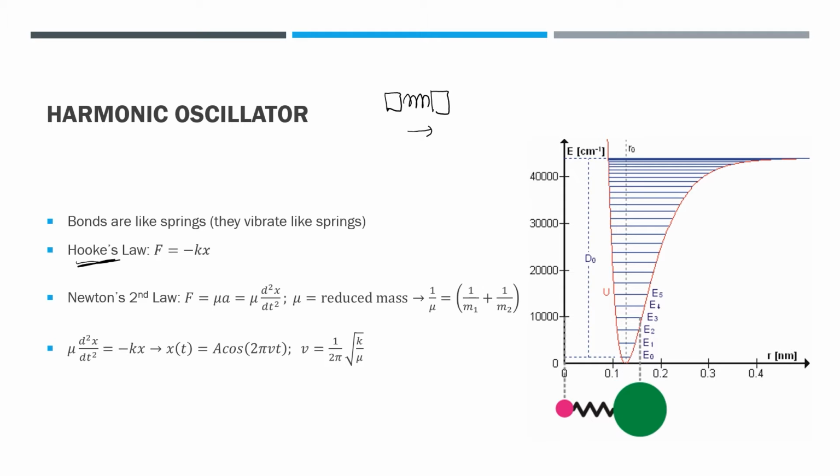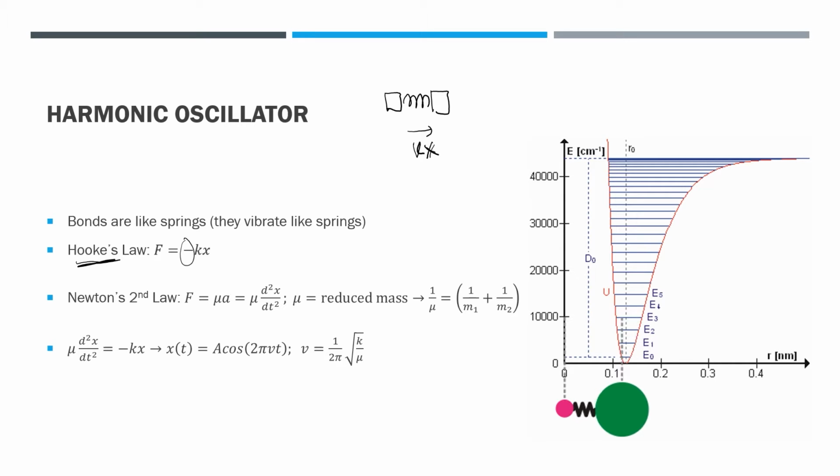The magnitude of this force is given by k, the spring constant, which describes how stiff the bond is, times the displacement from equilibrium, x. As you can see in Hooke's law, we have a negative sign, because it's opposing the direction of your displacement.